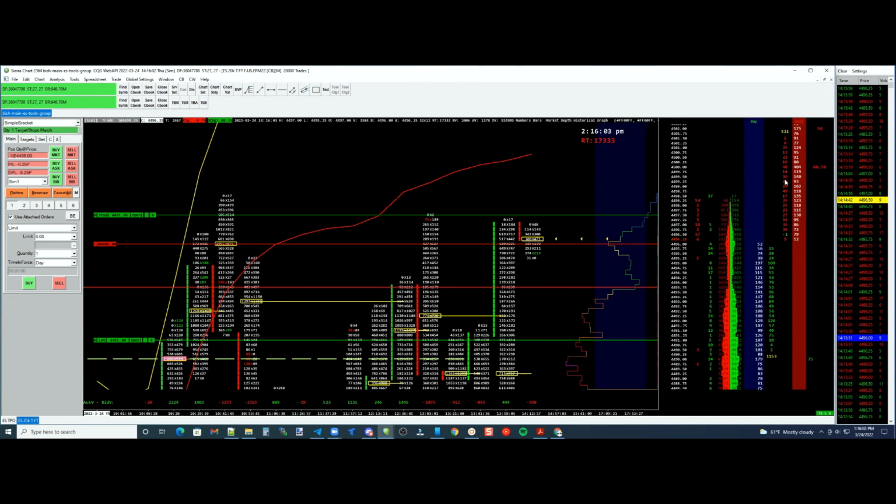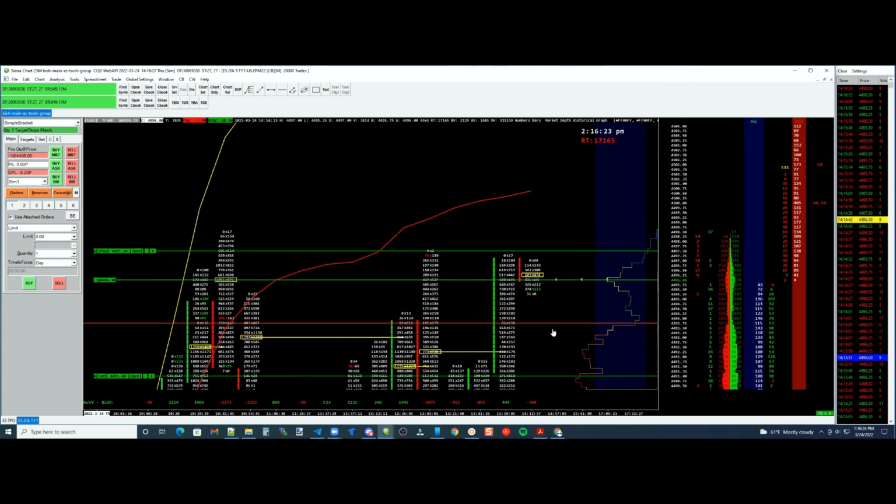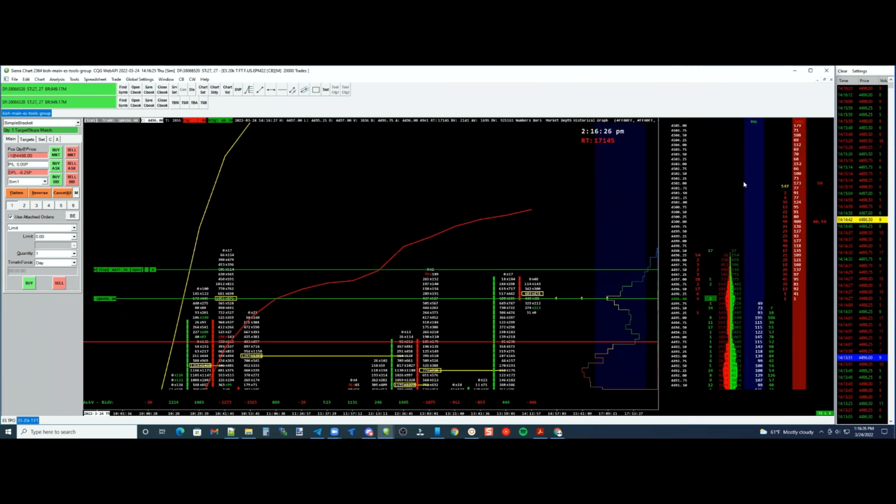But right now, look, there's no sellers here able to sell through the stack. So they try to stack the bid, but there's no sellers to take out the stack on the bid. They're getting tired and saying, you know what, we'll just let the market come higher and we will sell higher. That's just how it works, right?